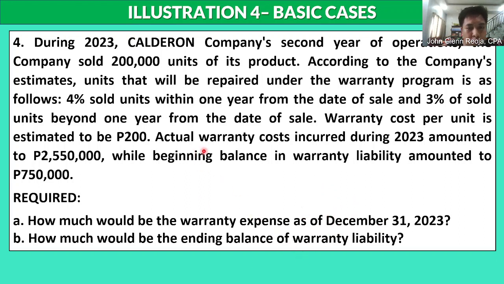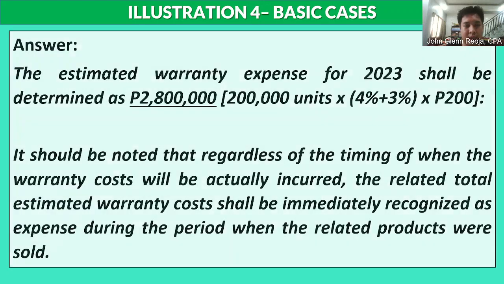So, how to compute? Is it 4% times 200,000? No. Actually, what we will do here is 4% plus 3%. That would be the total. So, that is 2.8 million warranty expense: 200,000 units times 7% times 200 per unit.